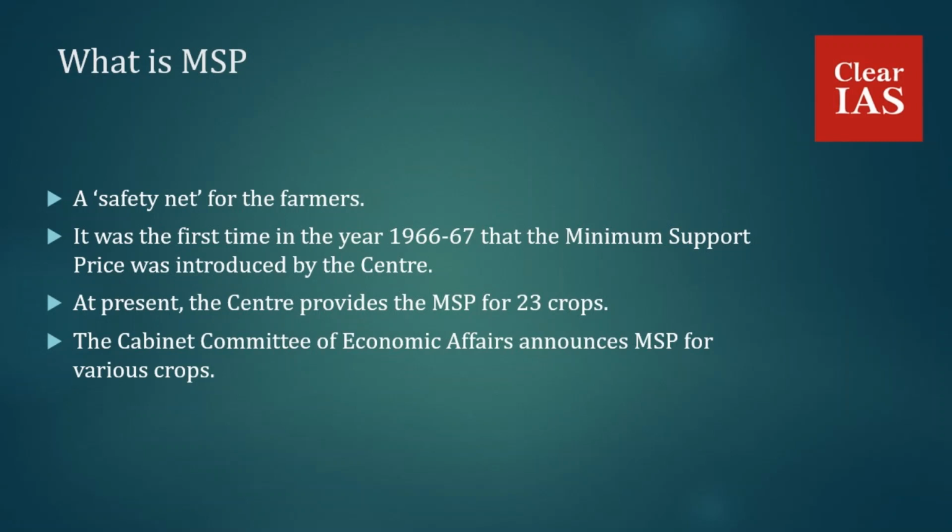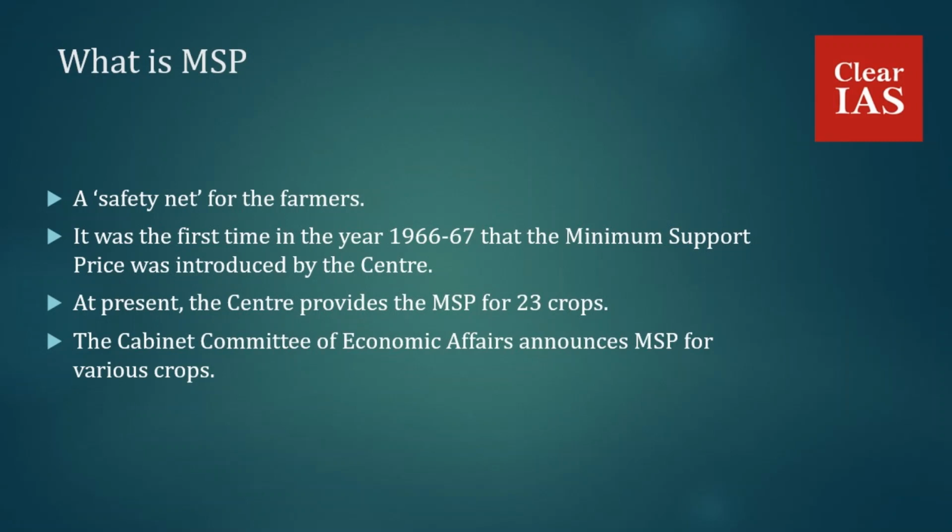The process is like this: the Cabinet Committee on Economic Affairs announces MSP for various crops at the beginning of each sowing season based on recommendations of the Commission for Agricultural Costs and Prices. So the CACP recommends MSP, and it is finalized and announced by the CCEA. Those are the two bodies, and these recommendations are based on some prefixed formulae.